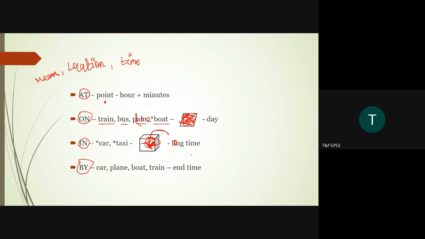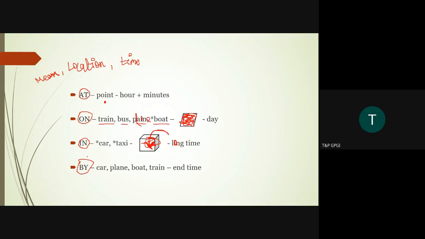Now we are talking about specific time, as we did with in, on, and at, but I'm going to go with the last one, by. By is fantastic because it's the end of a specific time.